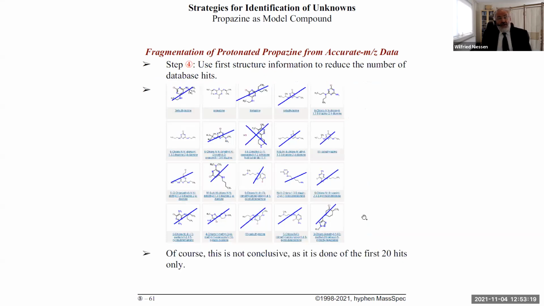So what I can do is start looking at the structures which I derived from the ChemSpider database for the elemental composition and check whether they can show losses of 42. And this one can, this one can, this one can. None of the others on the first page can do that.